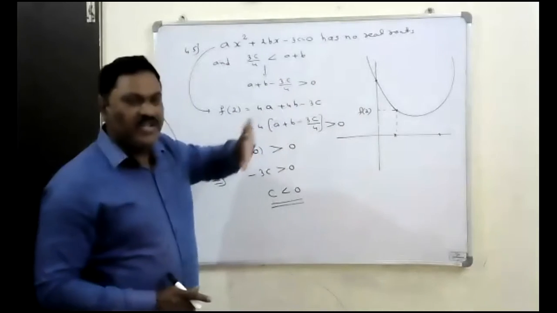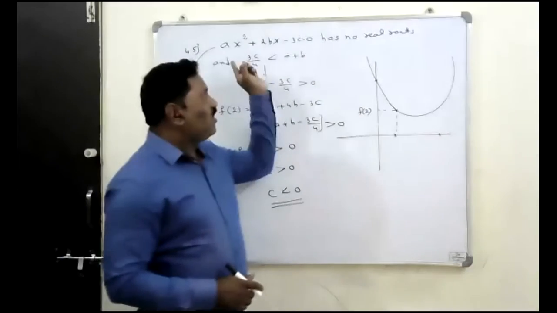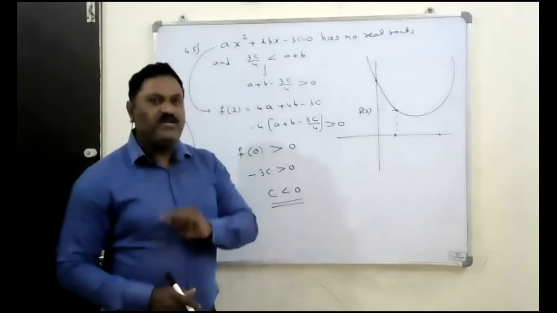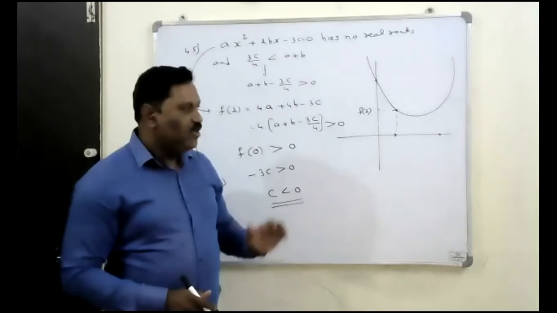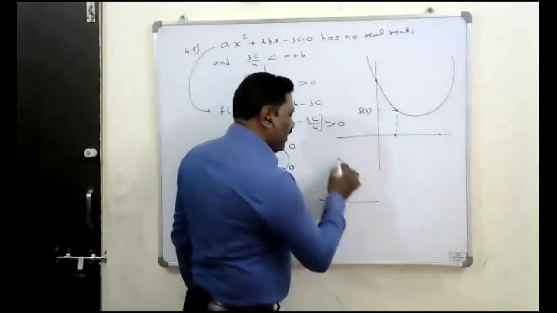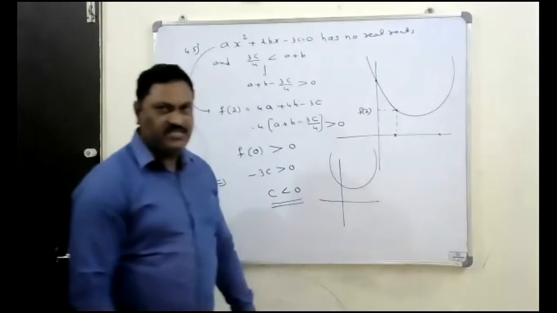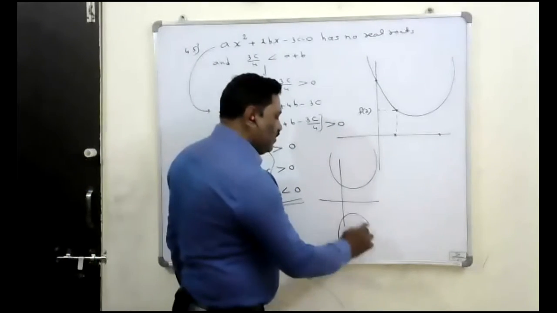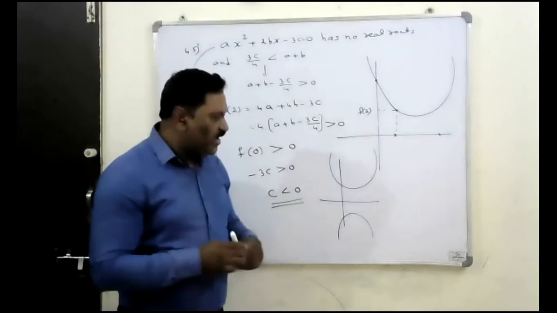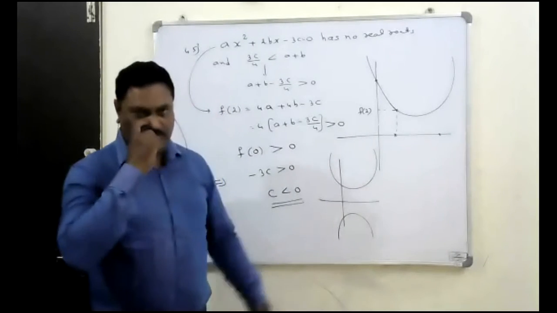It has no real root means that if you draw the graph of this expression, it should not meet the x-axis anywhere. There are two possibilities: the entire graph may lie completely above the x-axis or completely below the x-axis.